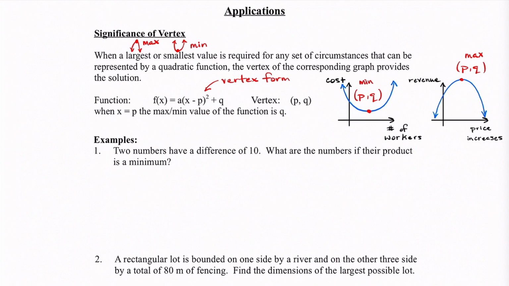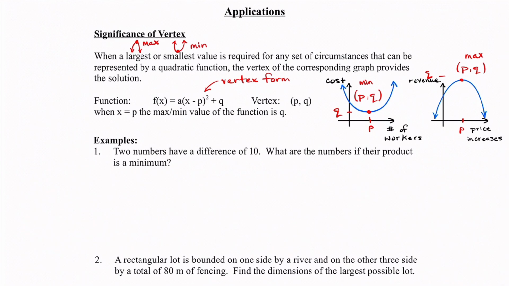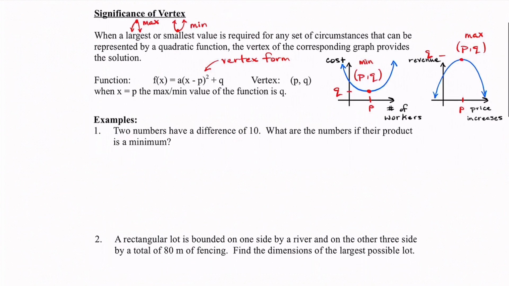So once you get to p, you're going to be at the min, or in this other case, at a max. Both of these are over at p, and then it's going to be q for the max or the min.